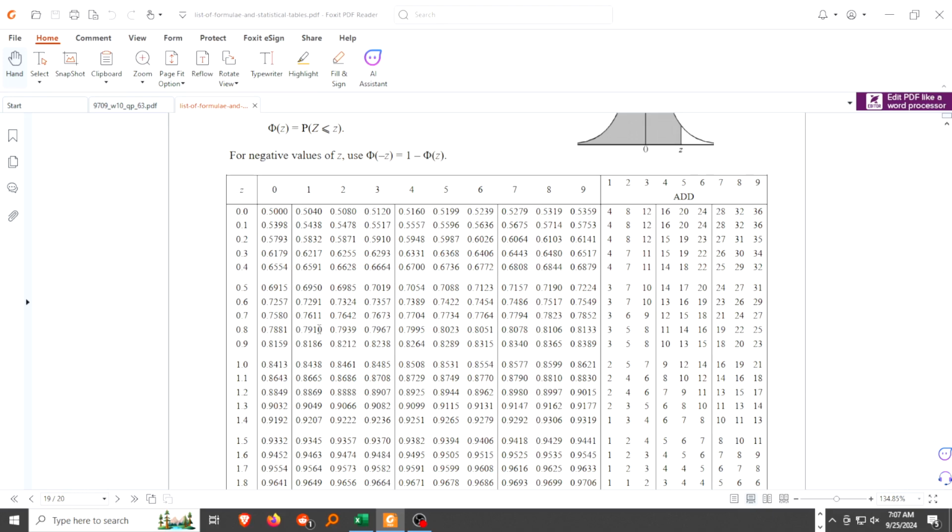It's beyond the 0.79 we want because it's 0.791. So we would want to settle here where we have 0.7881. But since we want 0.79, we want to find a value which we can add along this from here. We add to this to make it close to 0.79 that we want.